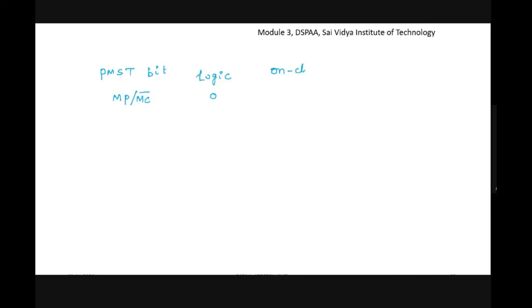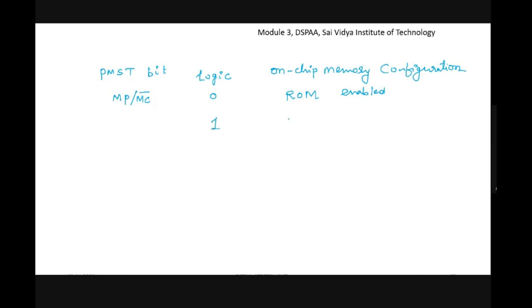The on-chip memory configuration, how it is enabled or disabled. If this bit is equal to 0, the ROM, read-only memory, is enabled.